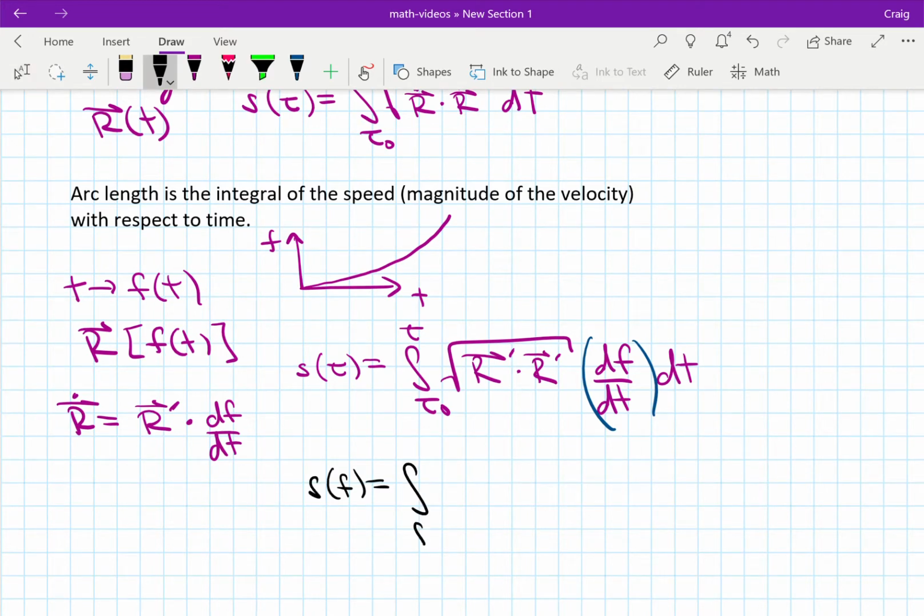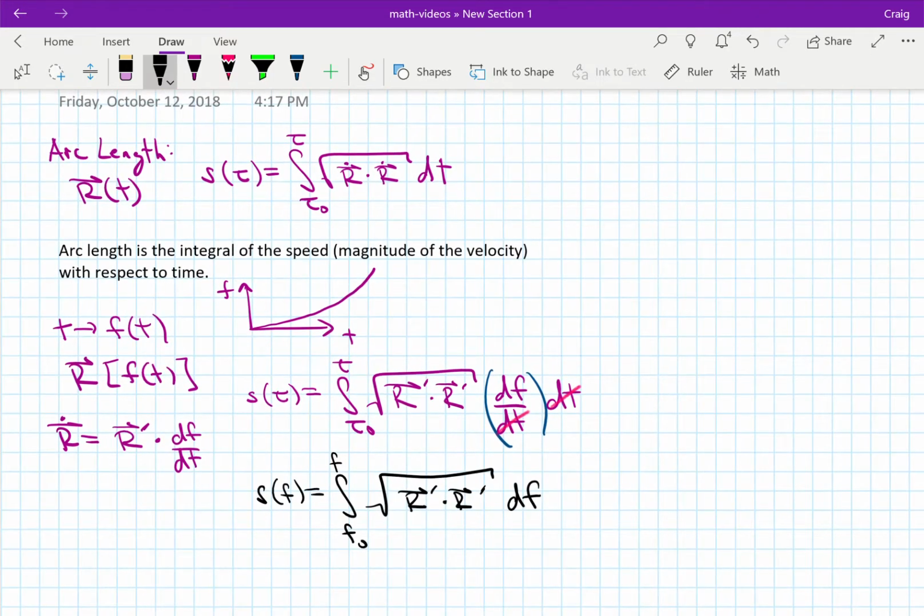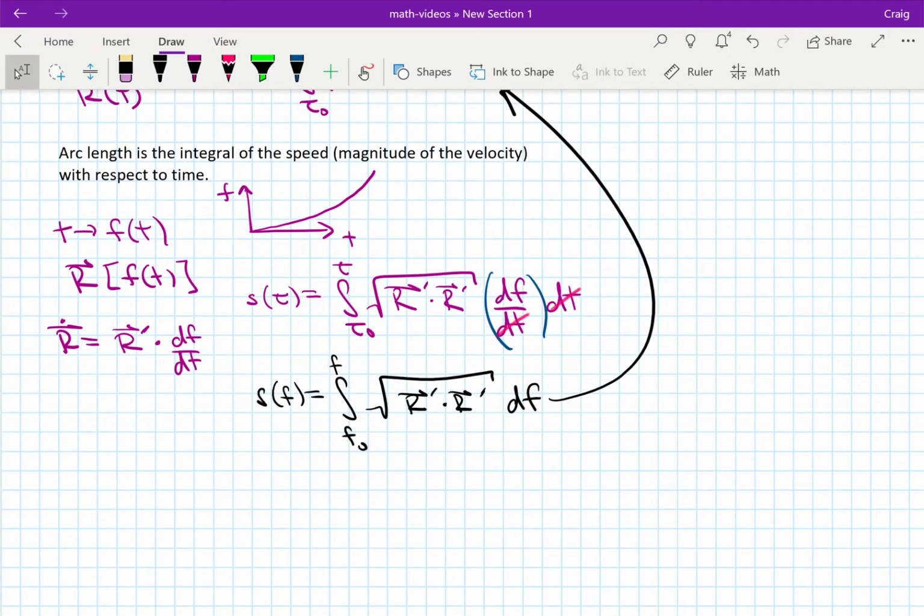And so I go from my initial value of f to my final value of f, and this is r prime, which is the f derivative, and we see those guys cancel out. So I can really think of this as being a function of f rather than a function of time, but the functional form is precisely the same. Okay, so I can reparameterize.